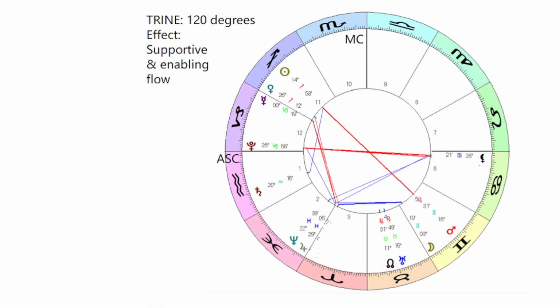The trine is 120 degrees when exact, and the effect is that it's a supportive and enabling flow. Trines are less noticed in life because everything is going well. One part of yourself is supporting another part of yourself, and we don't tend to focus on things that are going well. We tend, as human beings, to focus on things that are not going well.